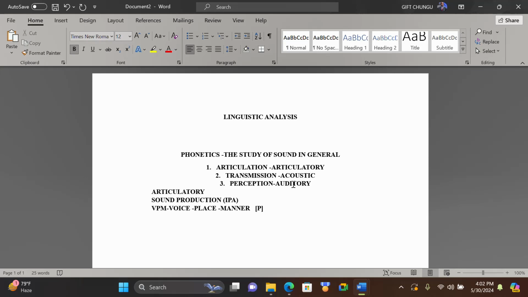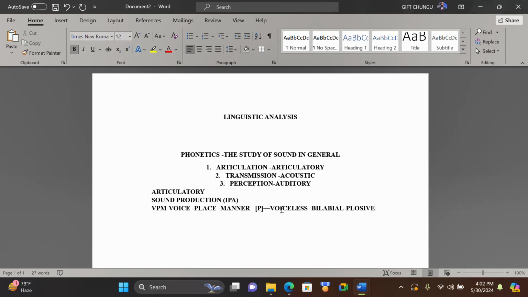This sound can be analyzed as voiceless, place, that is bilabial, and then manner, it is a plosive. So this is what we look at on articulation or sound production.